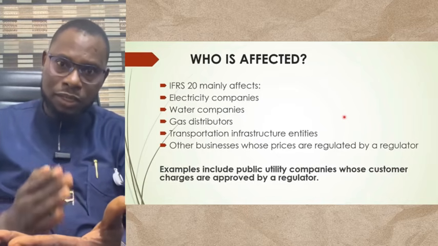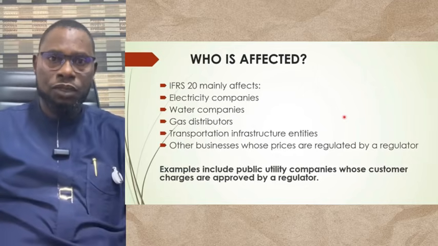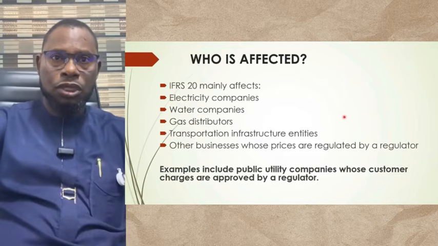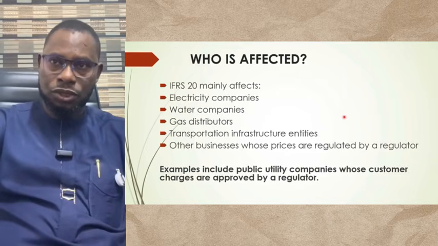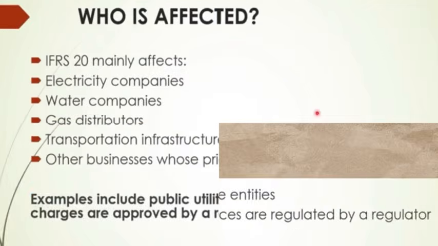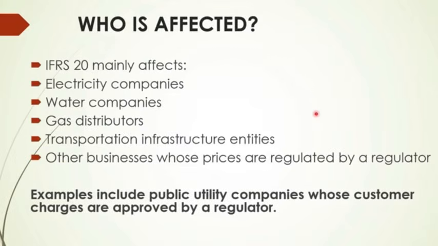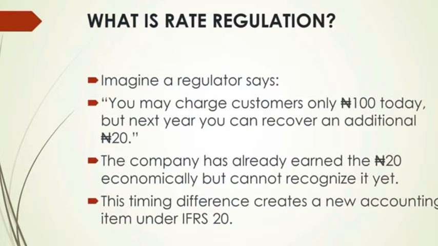So examples include public utility companies whose customer charges are approved by a regulator. If you operate in any of these industries, whether electricity, water, gas, or transportation, as long as a regulator approves your rate, then you're affected.